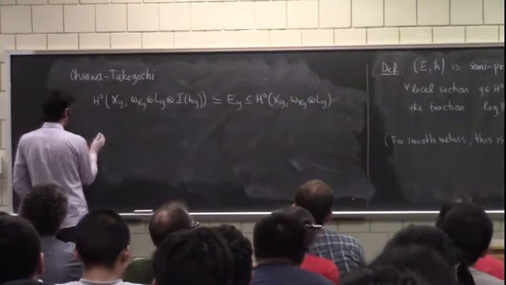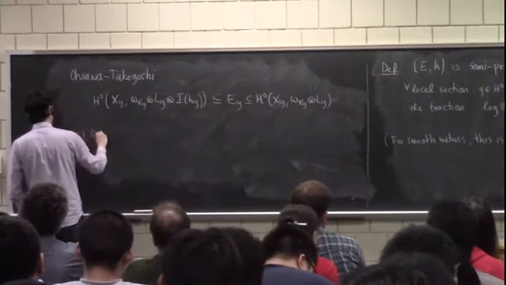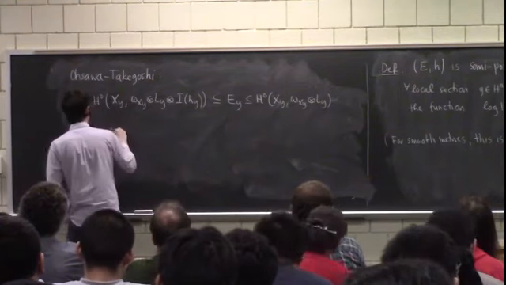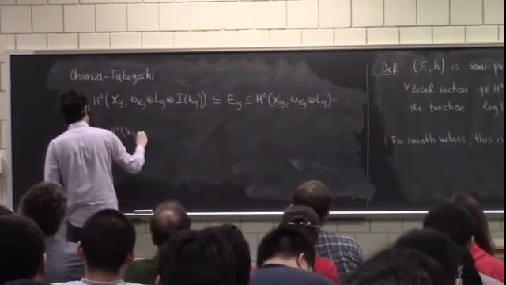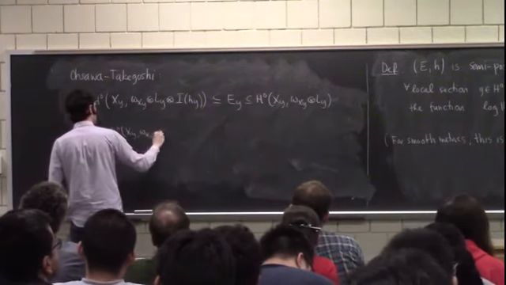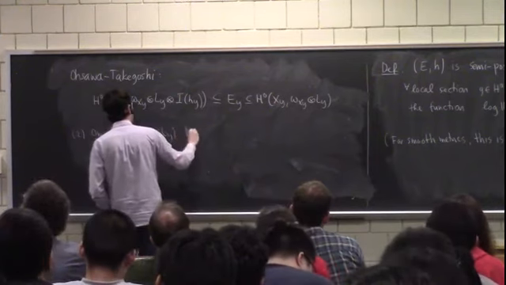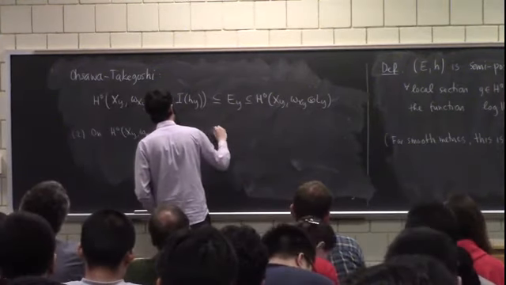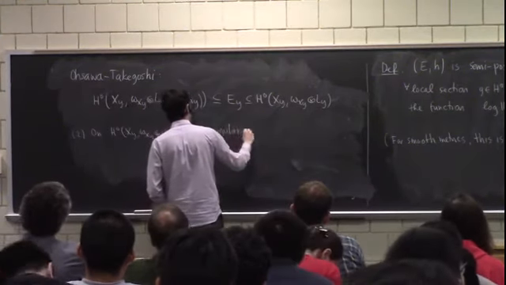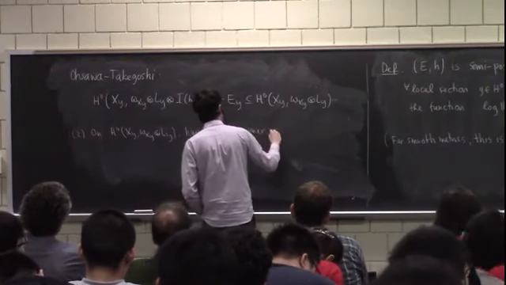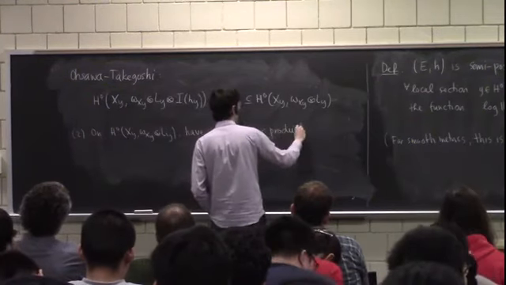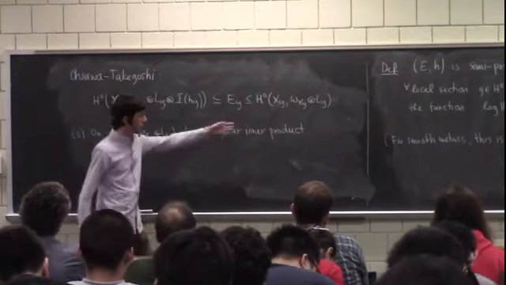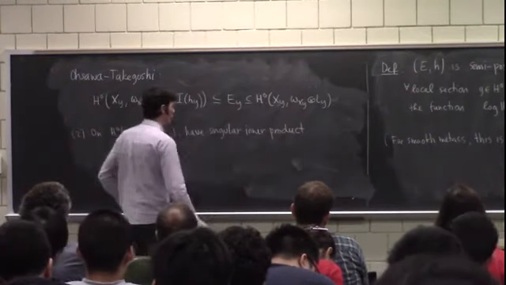So now maybe this is step 2. On this H naught, we have a singular inner product, from the fact that I have the metric on the line bundle.